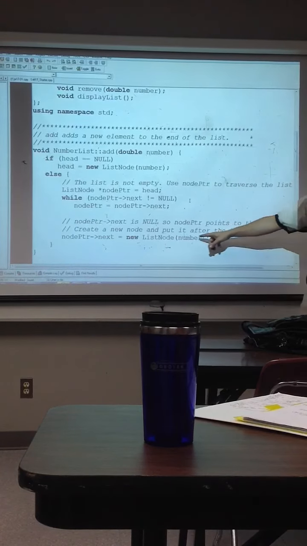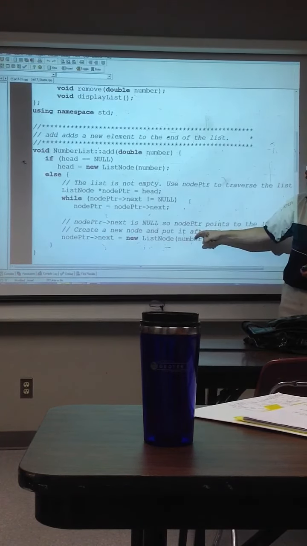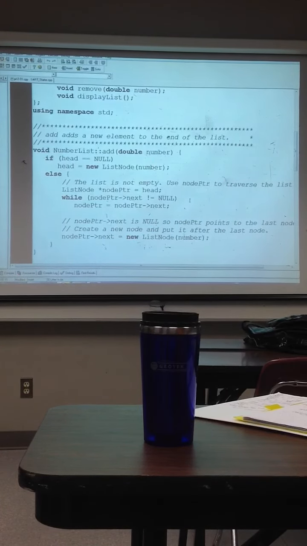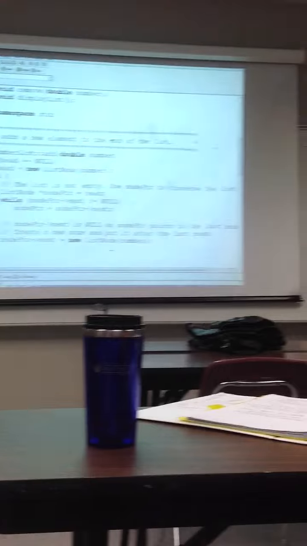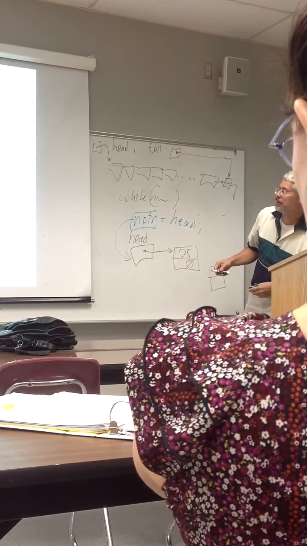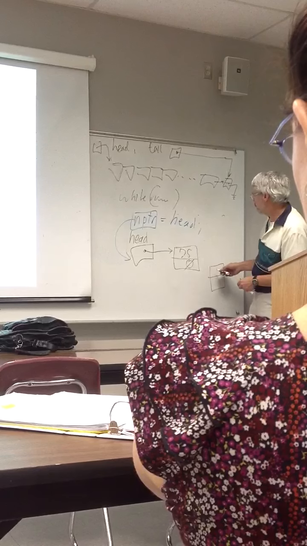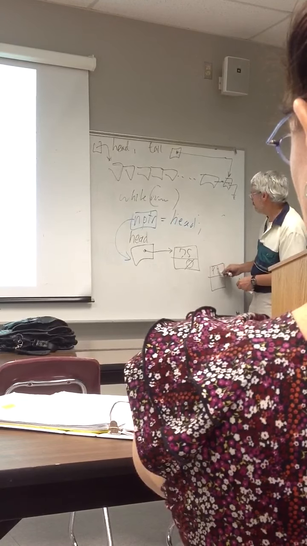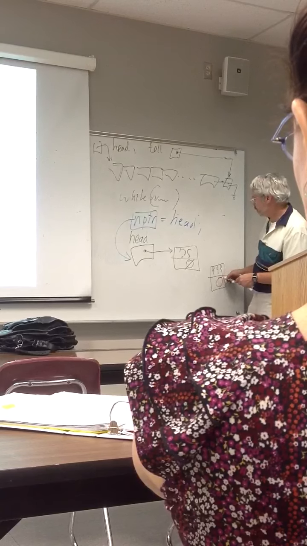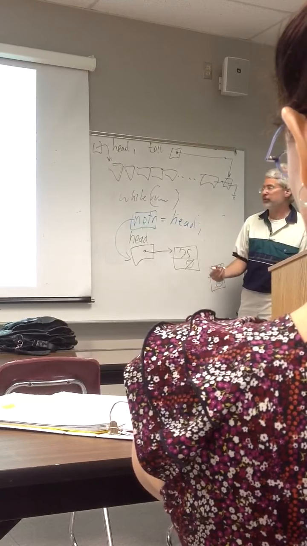And then when you get to the end, make a new list pointer, put the number in there, and set the next. What this will do is create a new list pointer here, make a new one, and put the number in. I'll say the number is 999, and then it automatically puts the 0 in there because it's the default parameter.